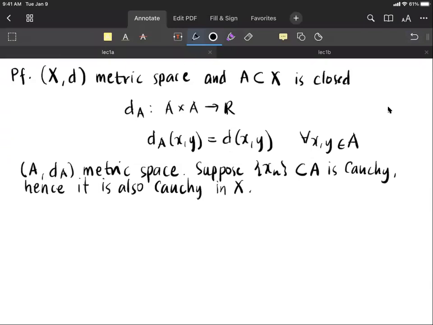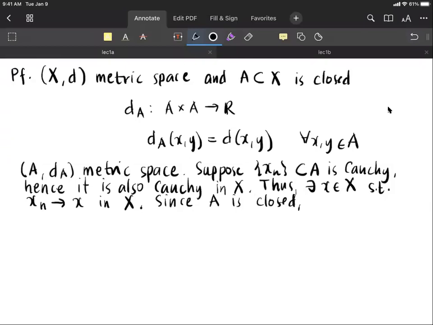Okay, knowing that X is complete, we can find a limit in the complete metric space X wherein x_n converges to x, of course, with respect to the topology of the metric space X. Now, using the fact that A is closed, one can show that closed sets contain all their limit points.